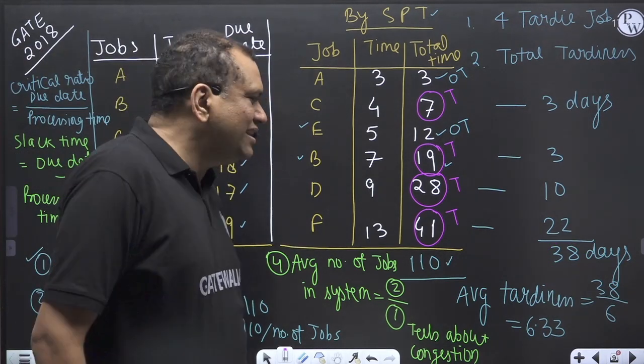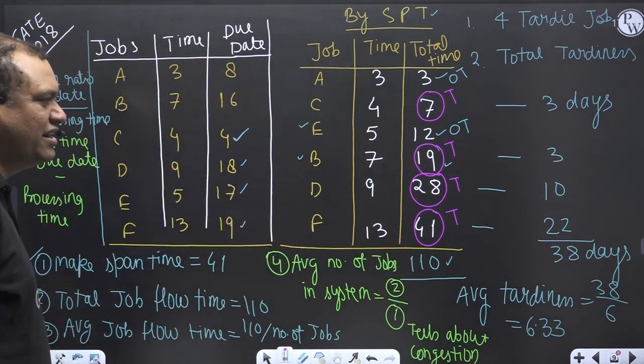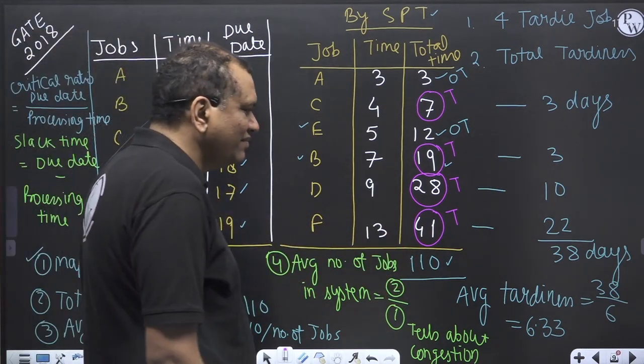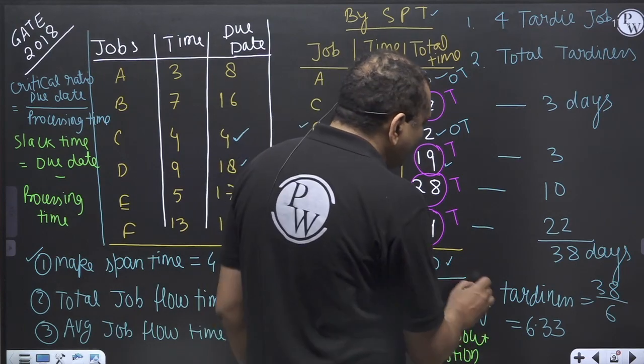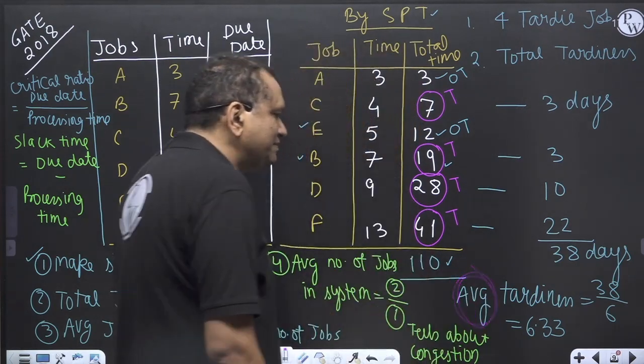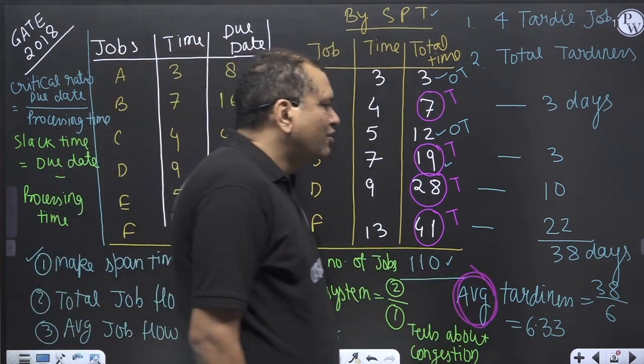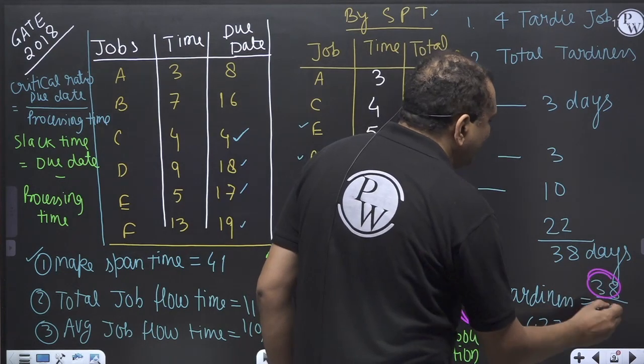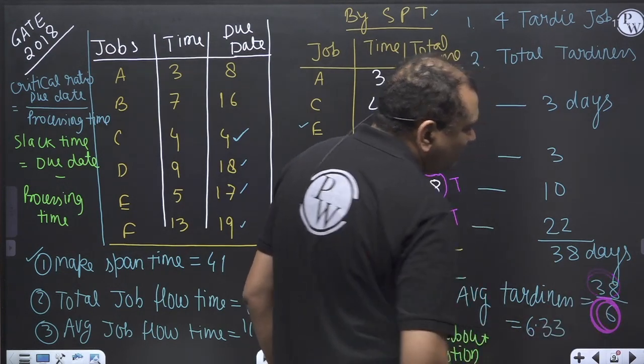If the question is asking about the average tardiness, it is total tardiness divided by number of jobs.